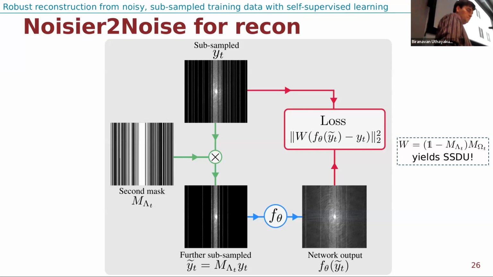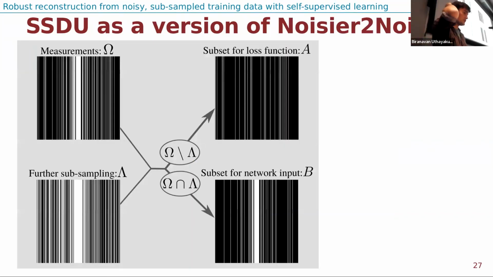So this may not be immediately clear, but this is exactly the method SSDU that I spoke about earlier. It turns out that if you choose a particular loss weighting, in particular this one, which is 1 minus the second mask times the first mask, then it does recover SSDU exactly. So to see how this works, let's say our measurements are omega, and then our further subsampling is lambda.